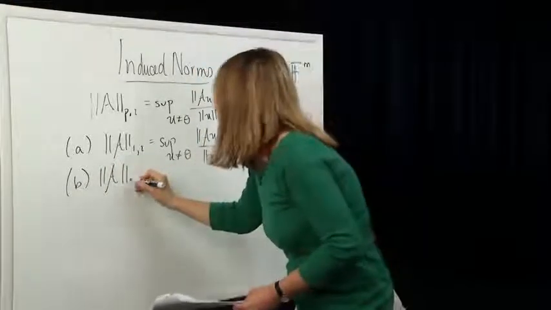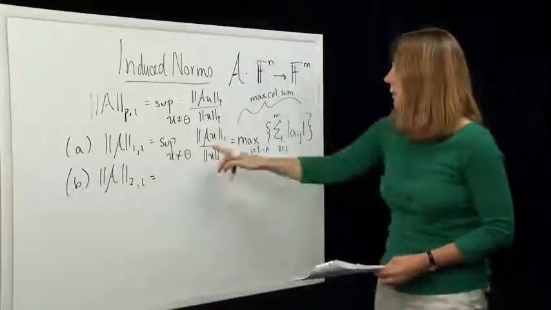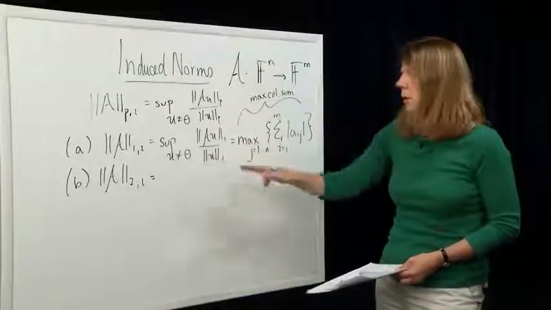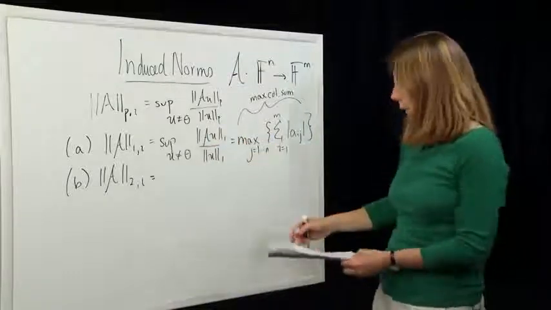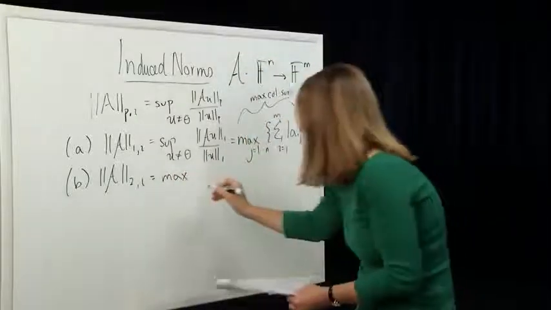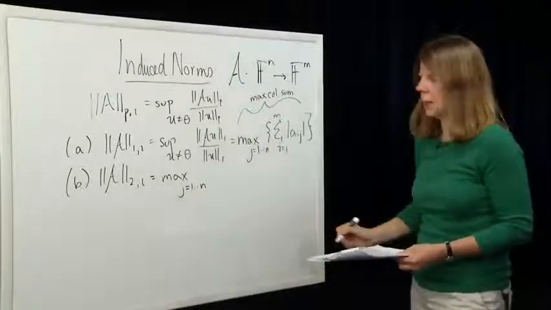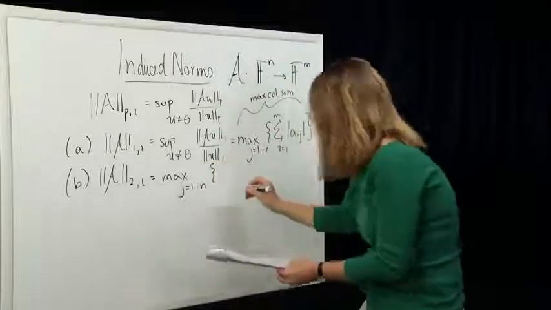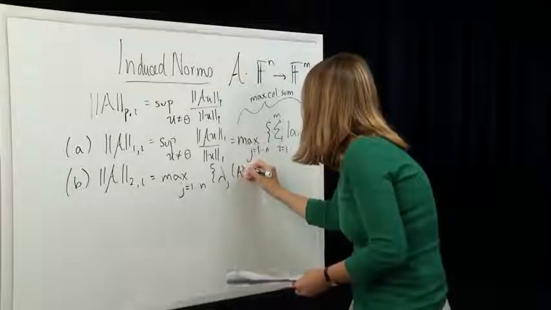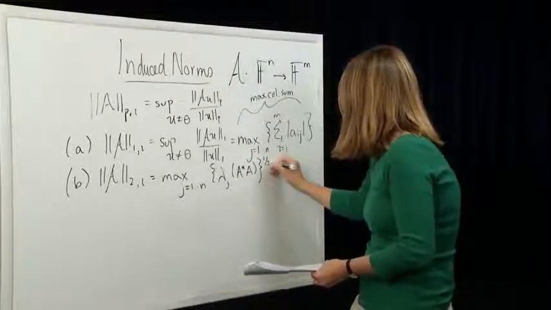The induced two norm of a matrix is, by definition, the supremum over all vectors u not equal to 0 of the two norm of Au over the two norm of u. And we can show that that's equal to the maximum over j from 1 to n, so the index j, of the jth eigenvalue of the matrix A star A, to the 1/2.